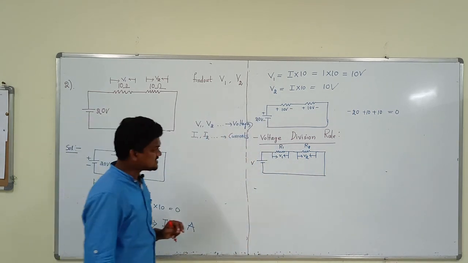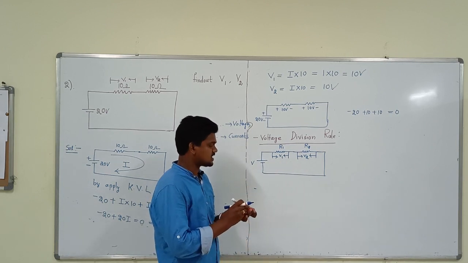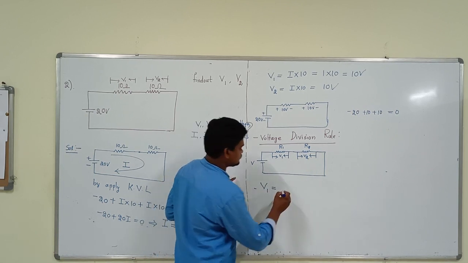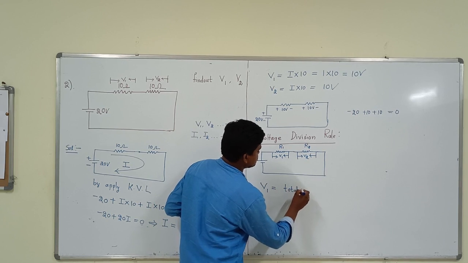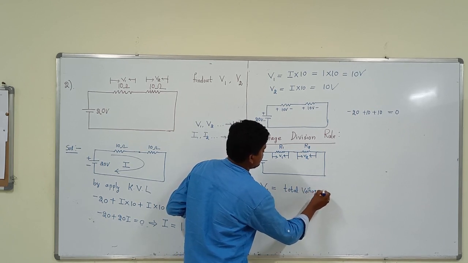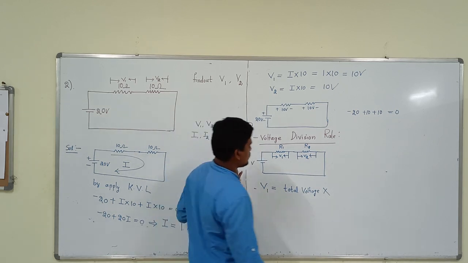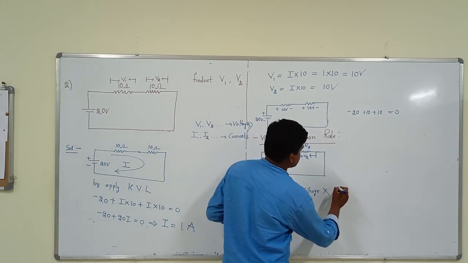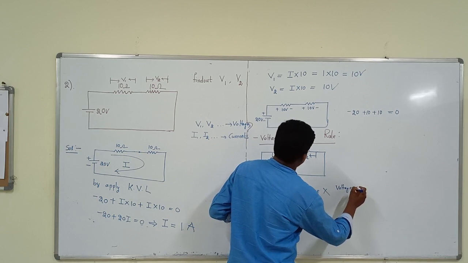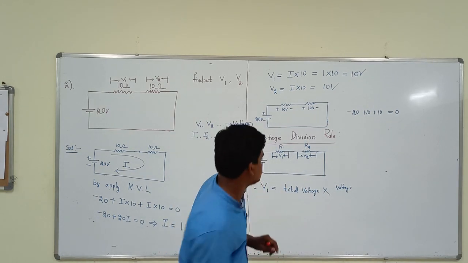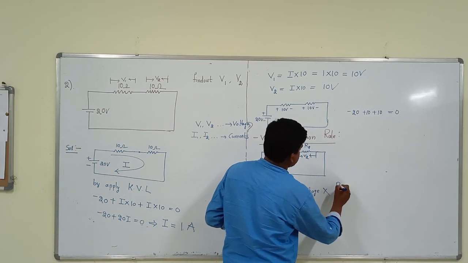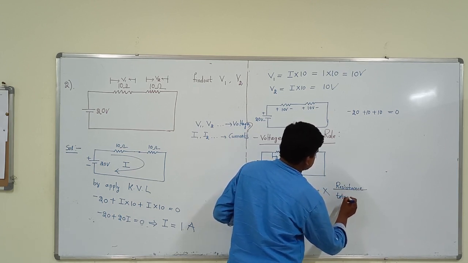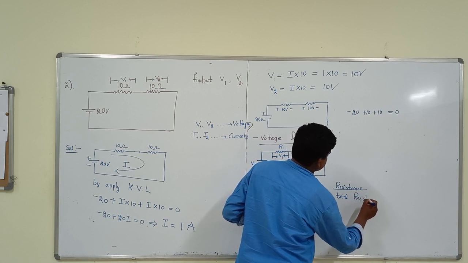Then in order to find the voltage across one resistor, V1, we can find it for any resistor like this: total voltage, that is source voltage, into the resistance of that resistor by the total resistance.